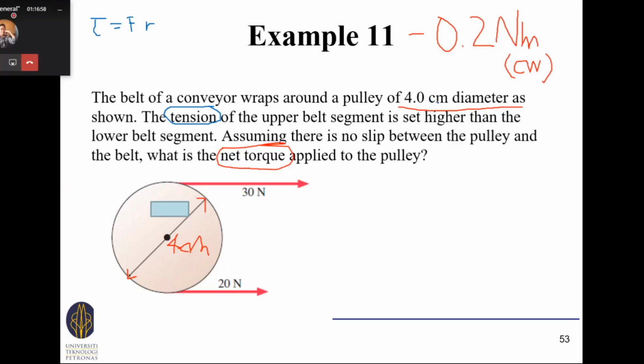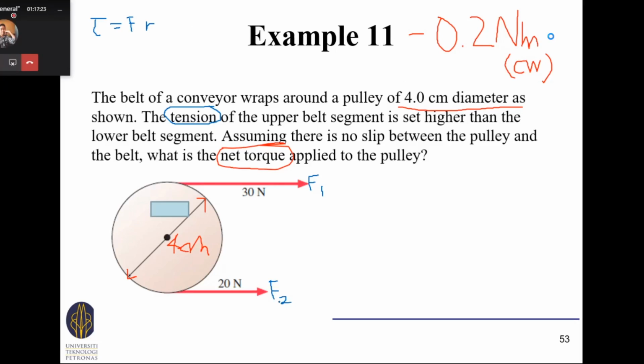And then you are given the diameter, which is 4 centimeter. So you know that the first one, let's name this as F1. F1 is exerted towards the right. F2 is also exerted toward the right. And how do you calculate for the net torque? You know that when you have two forces, it means you have two torques.